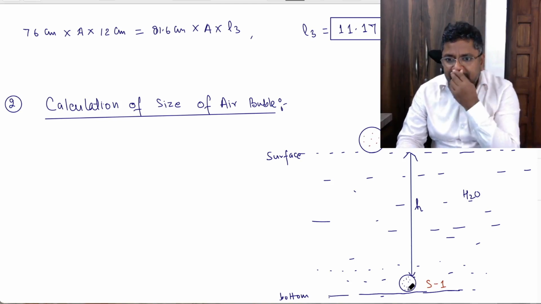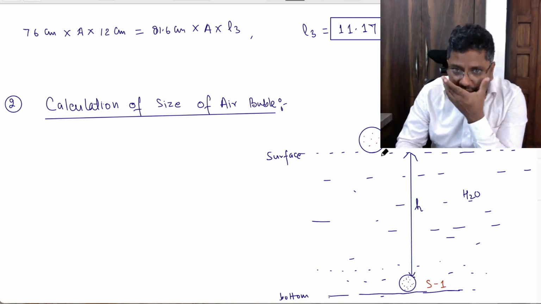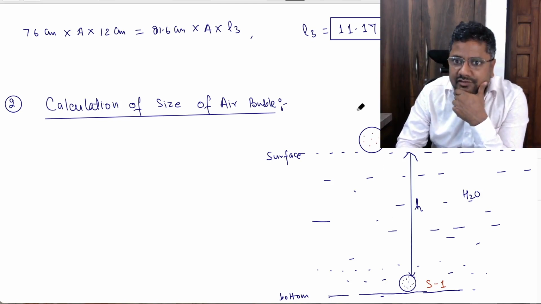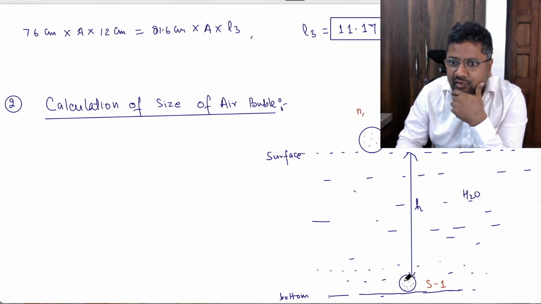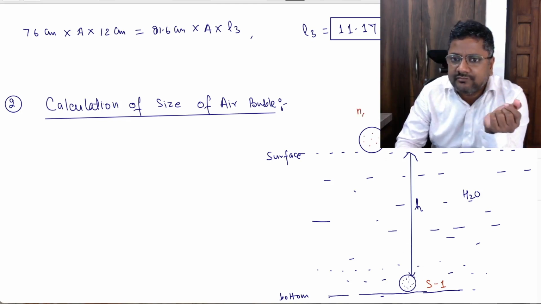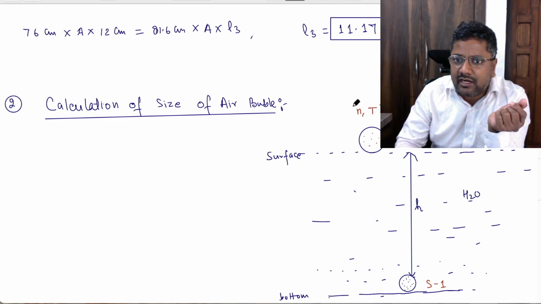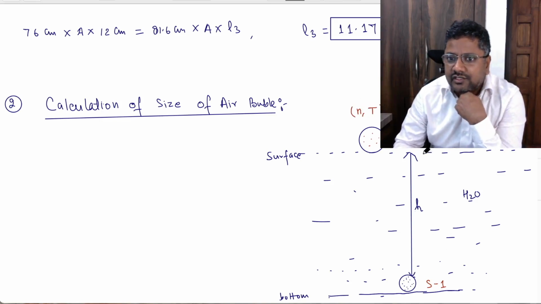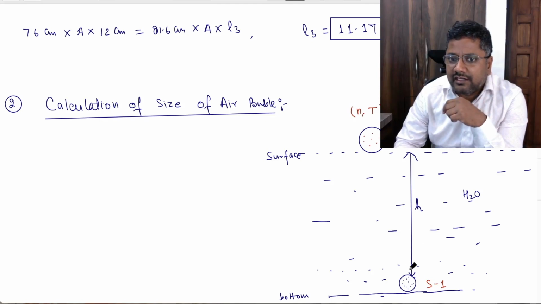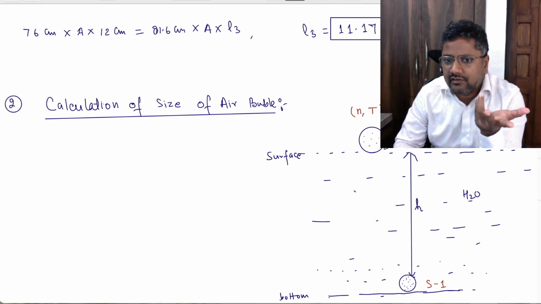Now if this air bubble is moving from bottom to surface, number of moles are constant, and T we are assuming from our side that is T also constant. So can we apply the Boyle's law on this air bubble here and here? Yes, why not?